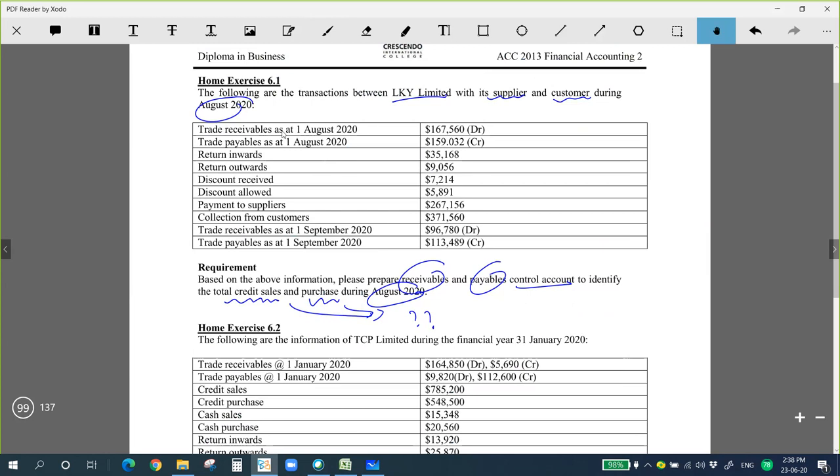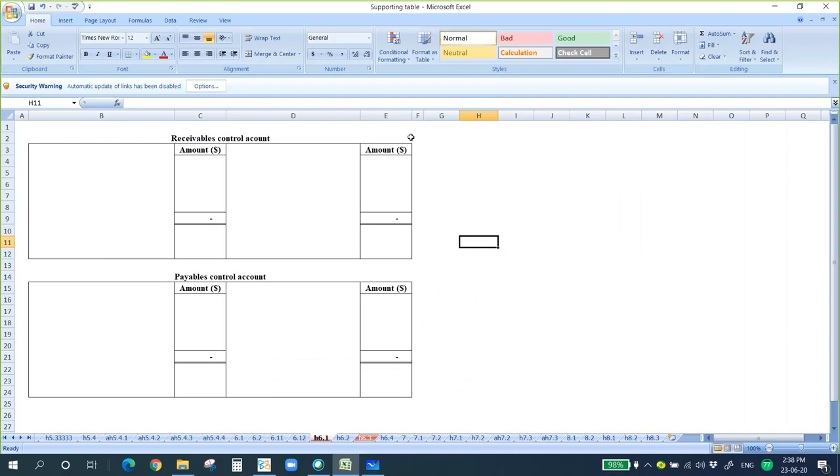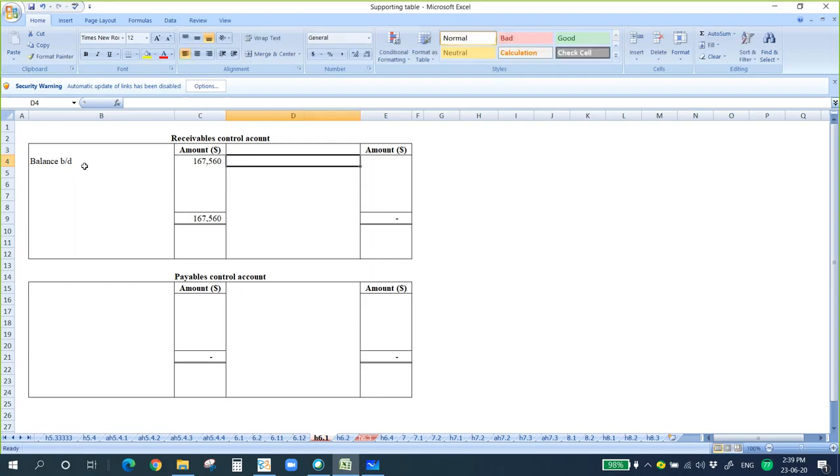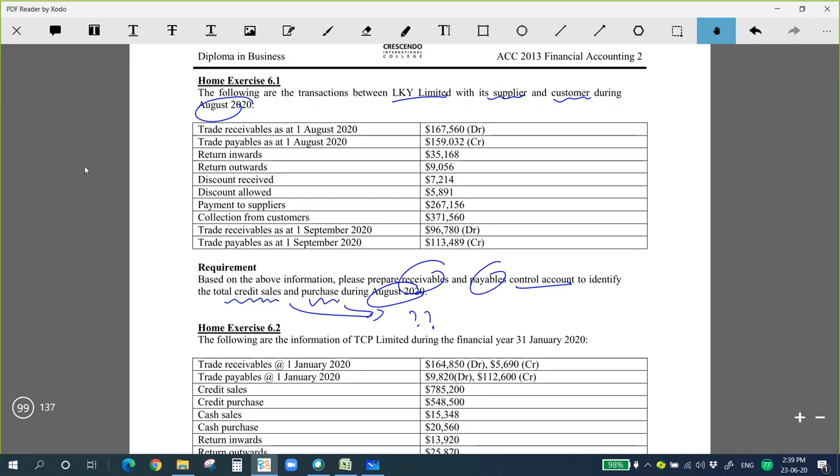So trade receivable as at 1st August 2020, debit 167560. So we go to receivable control account. We write balance BD 167560. Alright, 167560.